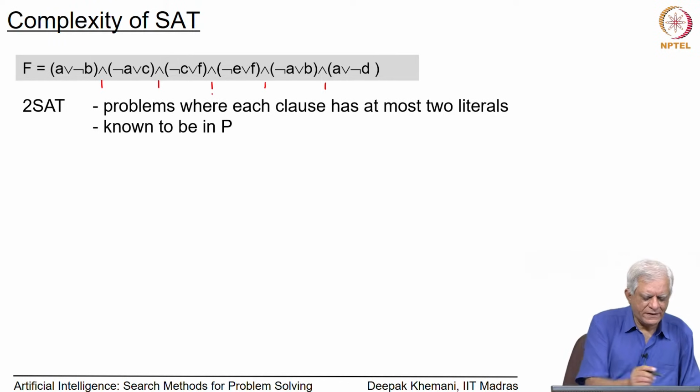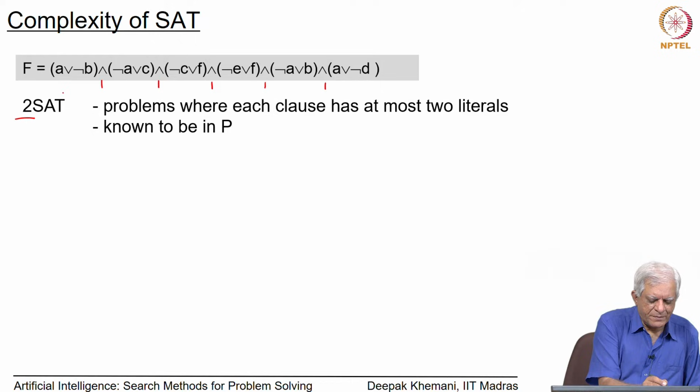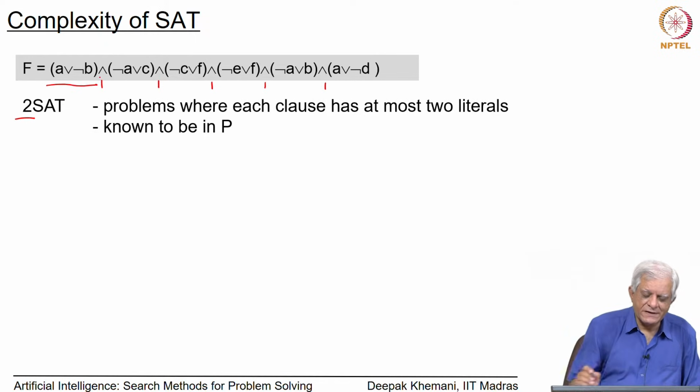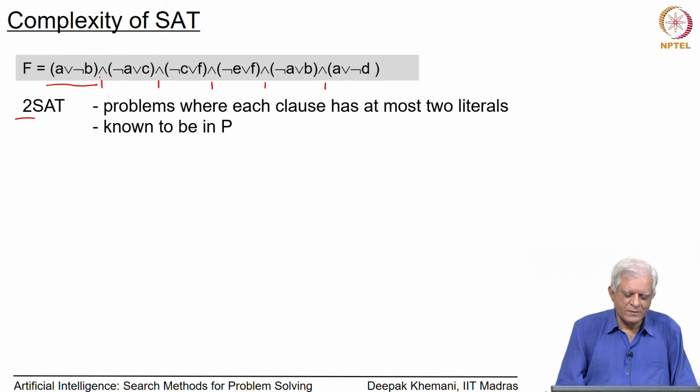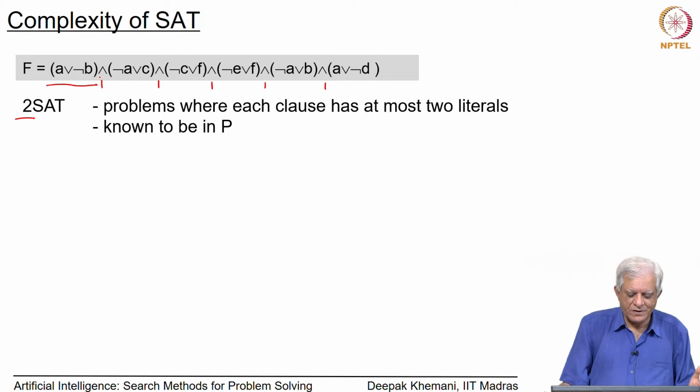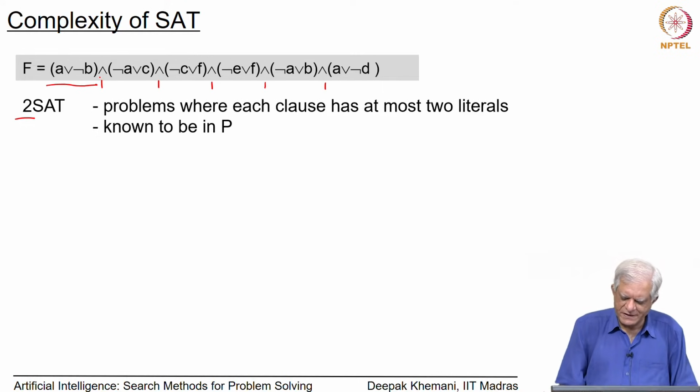In 2 SAT, the number of literals in every clause is confined to at most 2. So, this example that we have here offers a formula of 2 SAT, because every clause has 2 variables in it, or sometimes a negation of a variable.